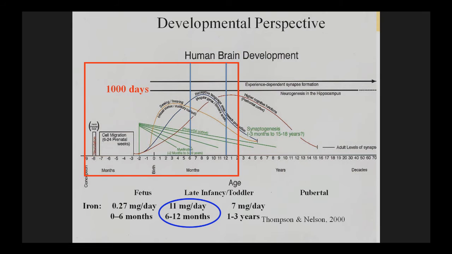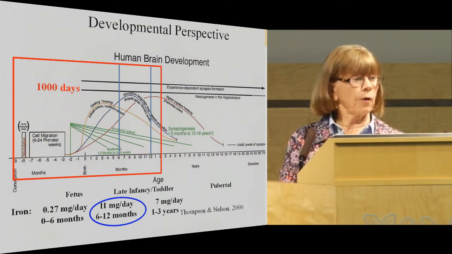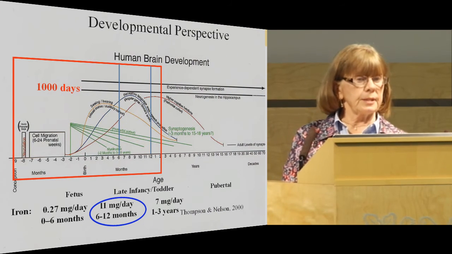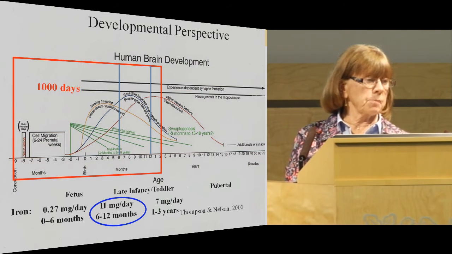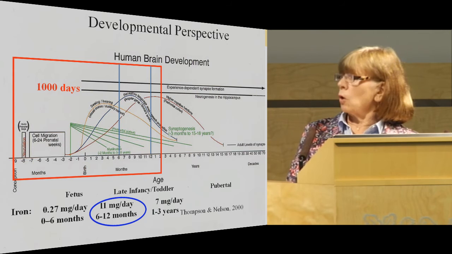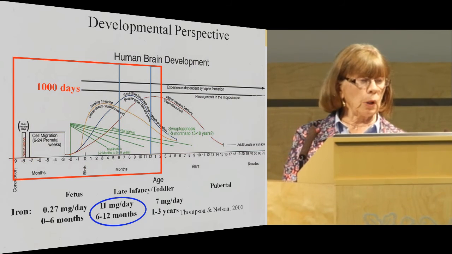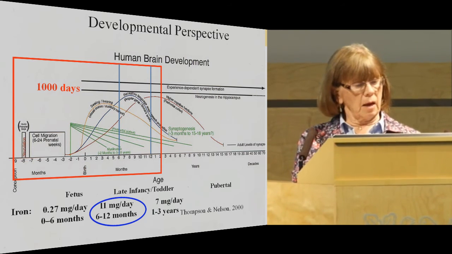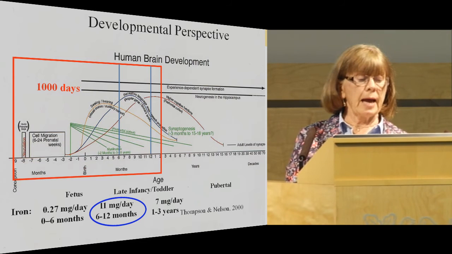At this point, they are having complementary food that is often very low in iron, and they've used the iron stores that they've gotten from their mother. So it's a very vulnerable time, and you'll see a great deal of research looking at this second 6 months of life because we know it's really very vulnerable. And then after that, the iron need, for example, goes down.